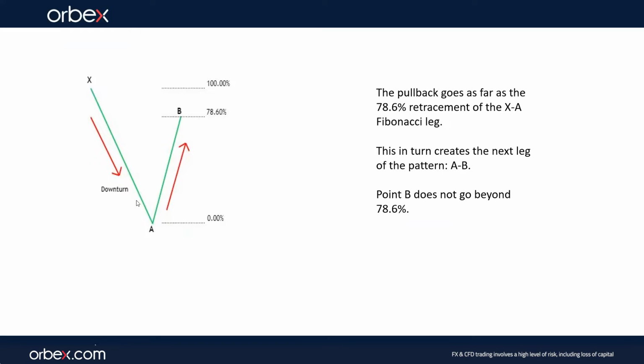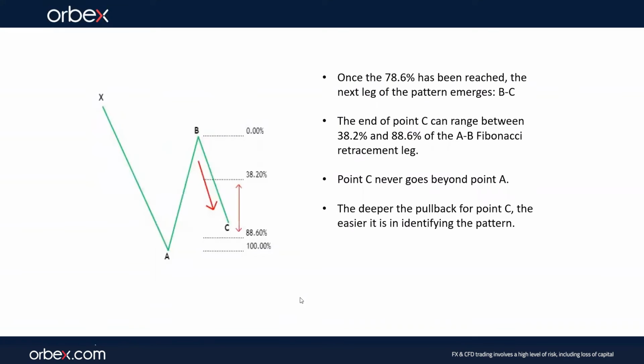So we've gone A to B. We've put the Fibonacci retracement from 100% X down to A, and we've got this 78.6. If this was a Gartley, the 61.8 would be about here, and that's where the line would stop. But we've got a butterfly pattern now, so we're continuing onwards to this next pattern.